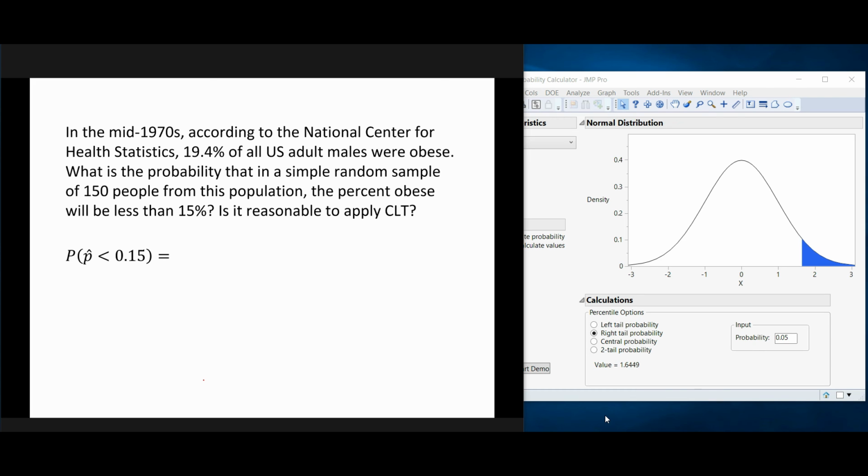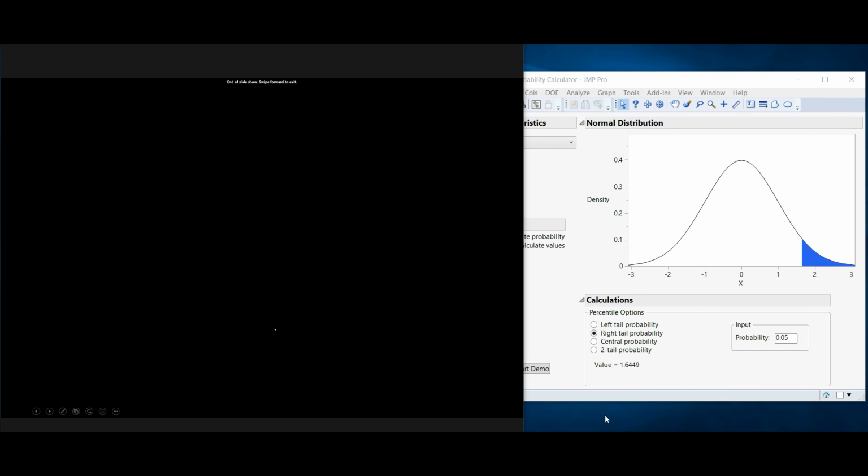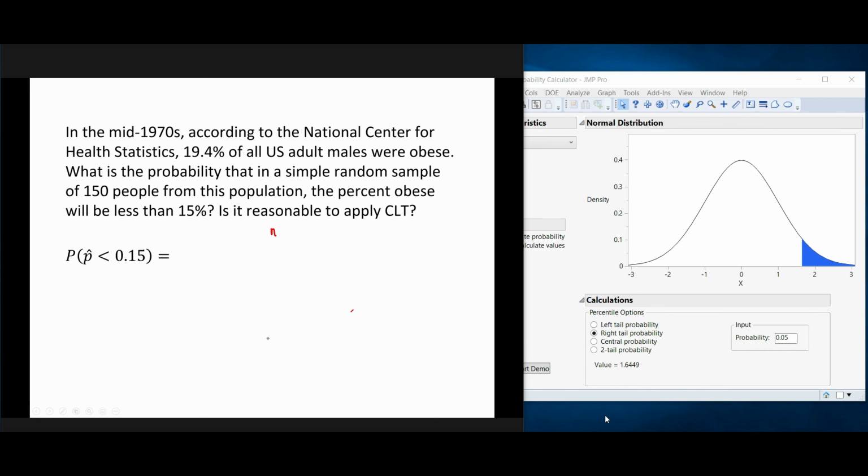So the first thing we'll do is we'll take n times p and n times 1 minus p and see what that gives us. So n times p is our 150 times the success probability here, 0.194.